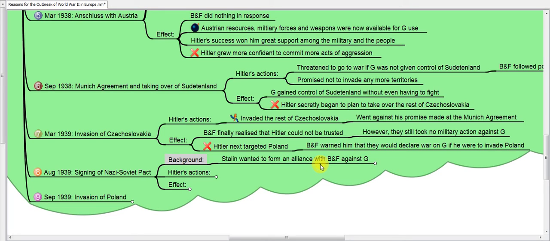If you recall, communism, which is the USSR's ideology, was an enemy of the Western powers' ideology, which is democracy, and also an enemy of Germany's ideology of Nazism. So Stalin wanted to work together with Britain and France to deal with the Nazis. This was what Stalin wanted.